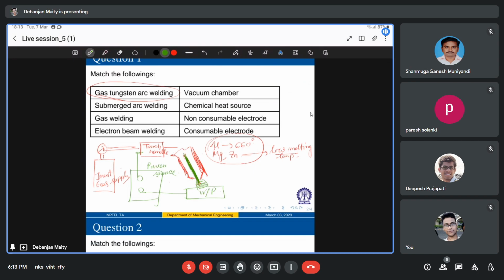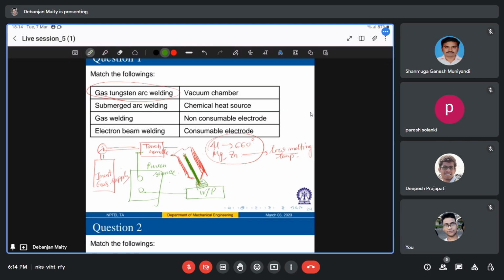But this is not possible for metals such as aluminum and magnesium, as I mentioned, where the oxide layers persist if the workpiece is used as the anode. These layers prevent the formation of the weld pool, right?